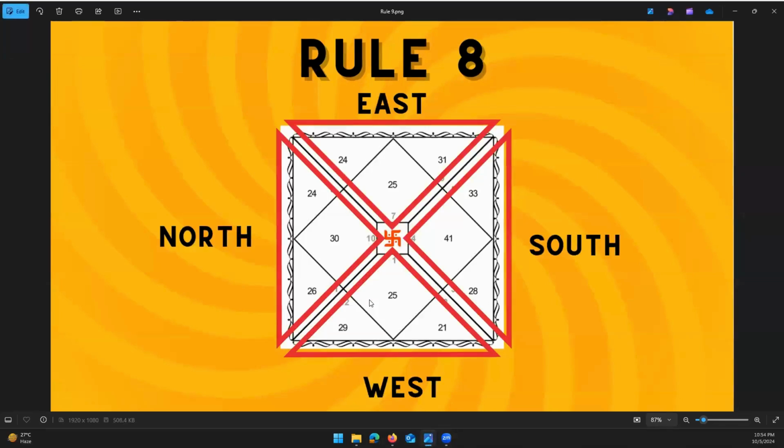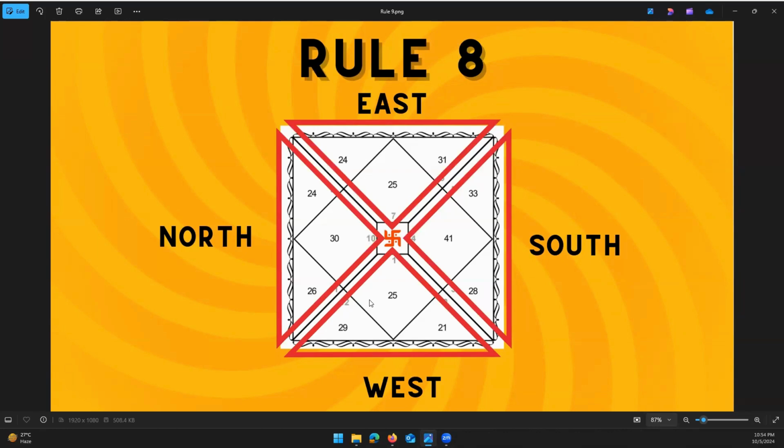Let's go to the rule number 8. So here rule number 8 is what we are doing here is we are dividing the horoscope into the 4 sides. Again, we know that ascendant is seen as the eastern side. The 7th house is seen for the west direction, and 4th house is north direction, and 10th house is your south direction.